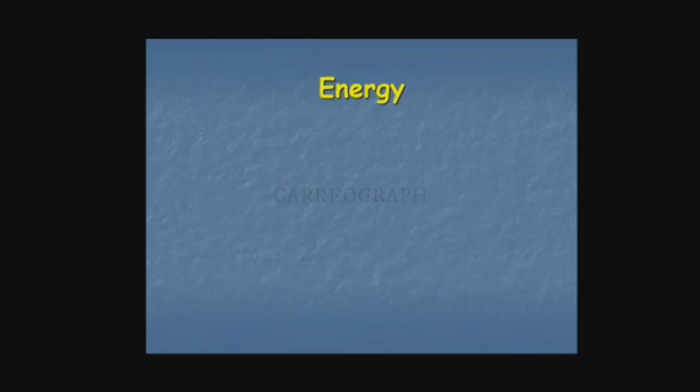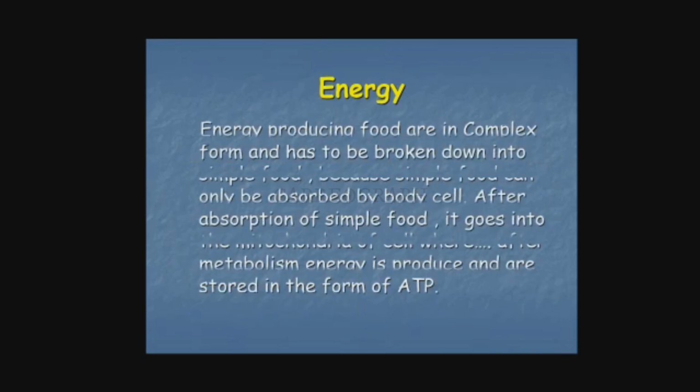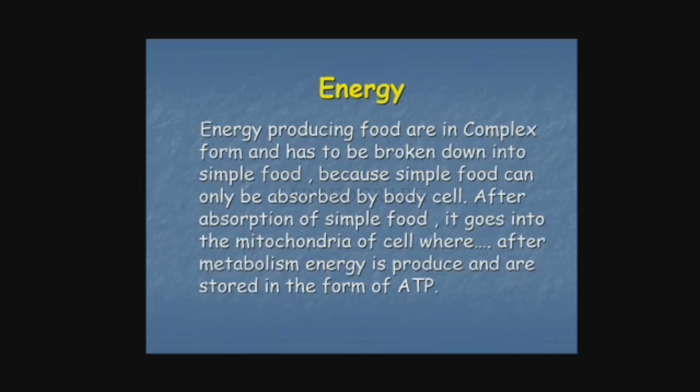The energy in these macronutrients, which are in complex form, has to be broken down into simple food, because this simple food can only be absorbed by our body, and after absorption it goes into the mitochondria of the cell, where after metabolism energy is produced and stored in the form of ATP.